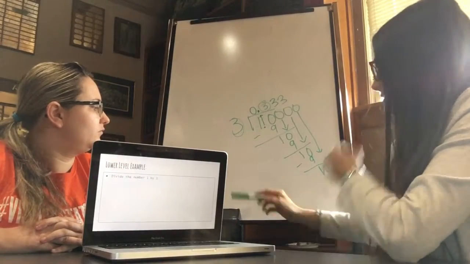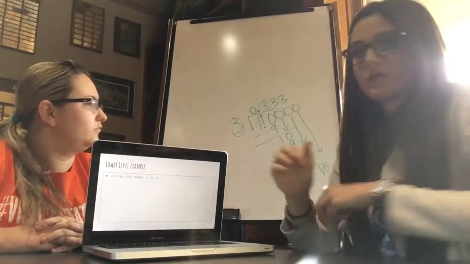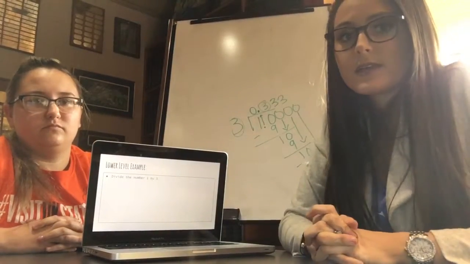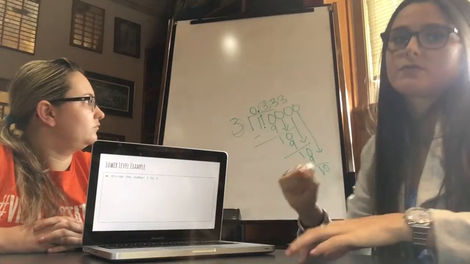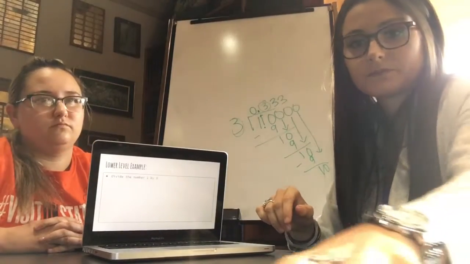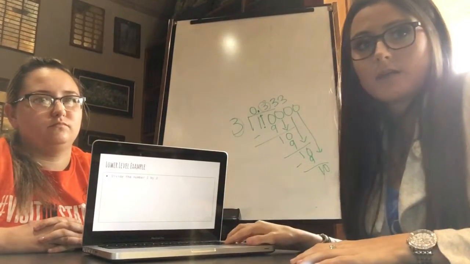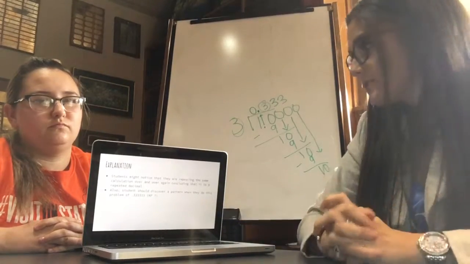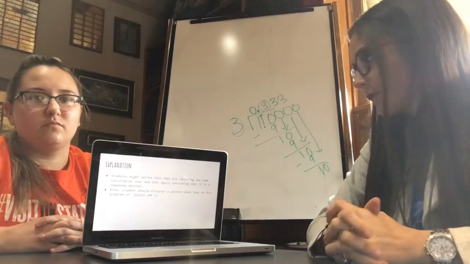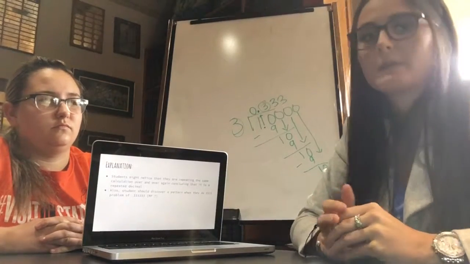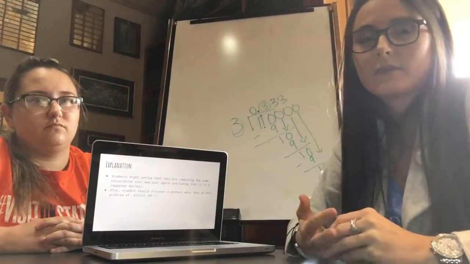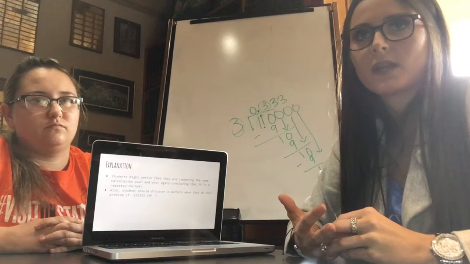Here, students, by this time, by doing it 3 times, they should be able to realize that when we do this process, we will always get 0.333. Students may notice that they are repeating the same calculation over and over again, concluding that it is a repeated decimal. A repeated decimal doesn't always have to be one number.